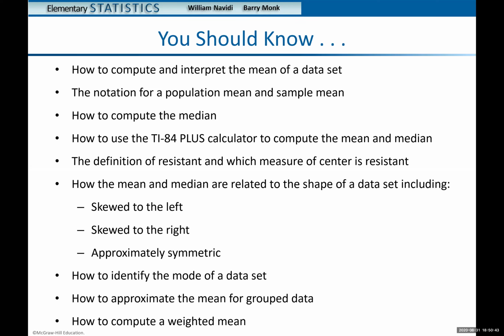Okay, I want to show you how we are going to use a TI-84 calculator for this. I'm going to show the ebook.